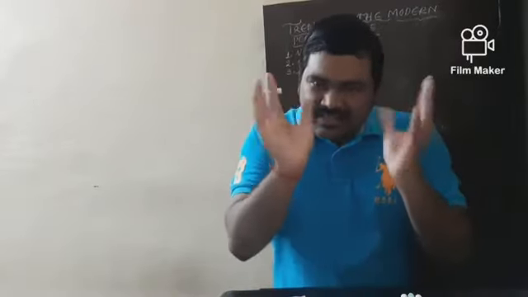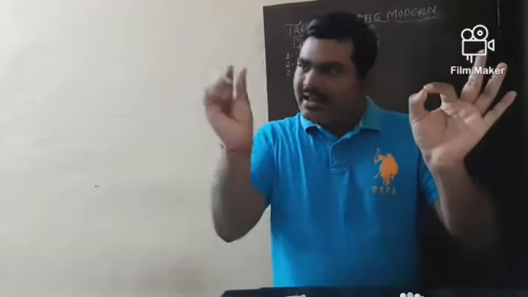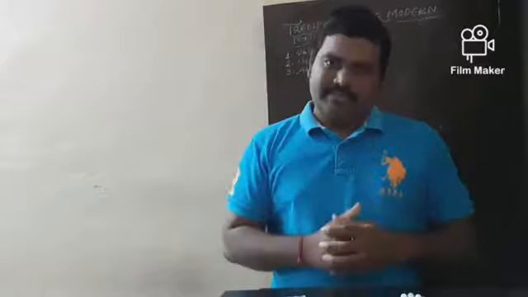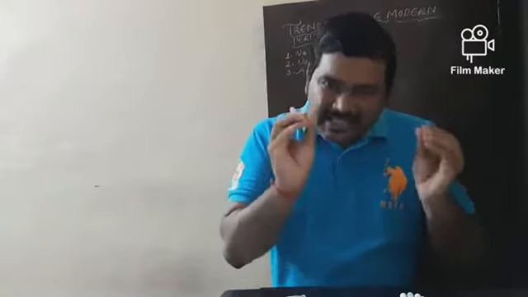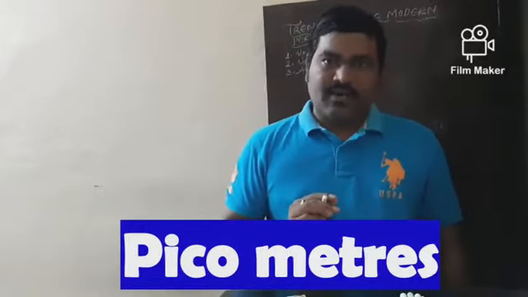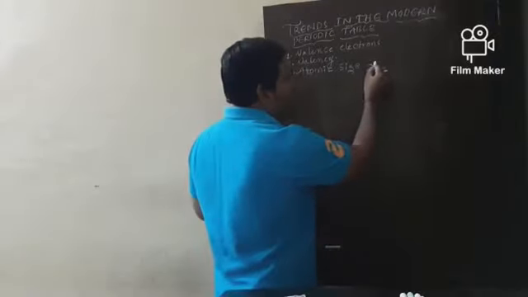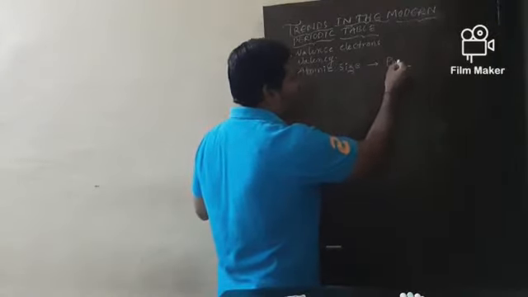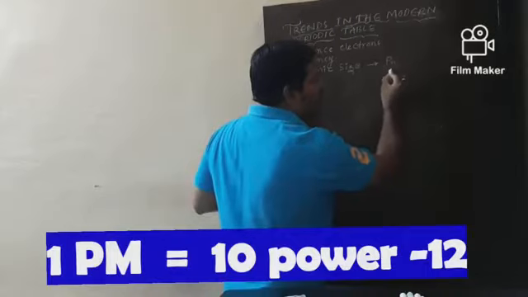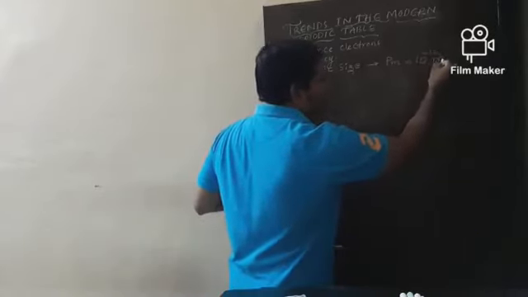It is the distance between the center of the nucleus and the outermost orbit. It is expressed in picometer, denoted by pm. So atomic size is expressed in picometers, and 1 picometer is equal to 10 power minus 12 meters.